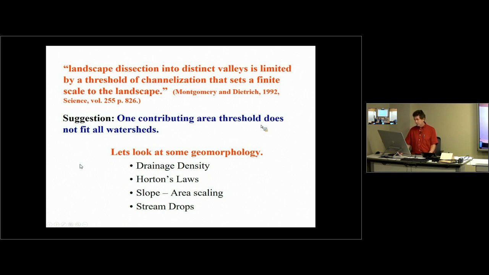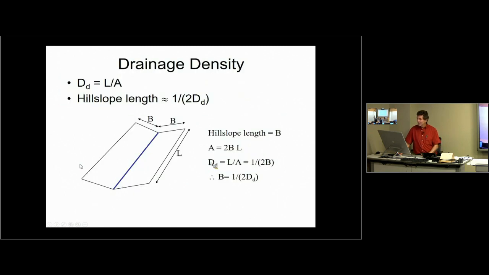So this is sort of Geomorphology 001 in 20 minutes, with apologies to people who do that as their whole PhD dissertation in a whole lot more detail. So, drainage density: the length of channels per unit area.